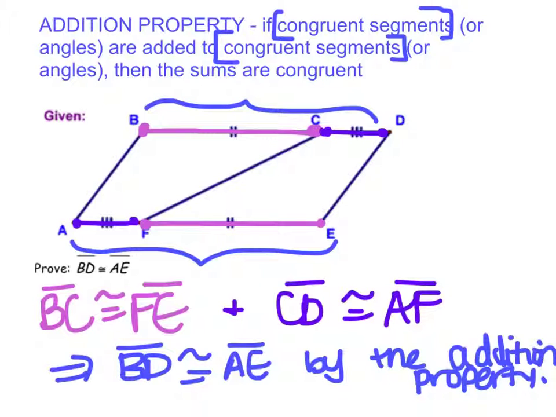I could do a similar example with congruent angles being added to congruent angles, resulting in larger congruent angles. But I'm going to move on to do some examples relating to the subtraction property at this point.